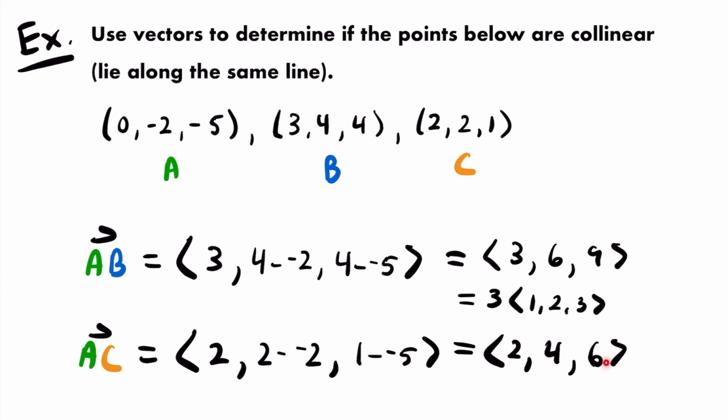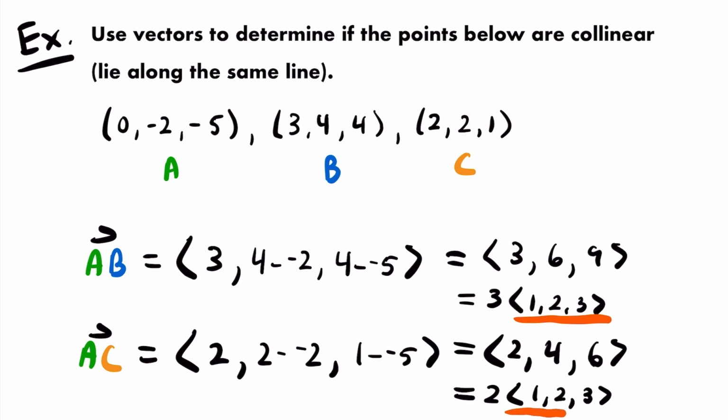In the same way, each of these components are divisible by 2. So if we pull that 2 out, we'll have 2 times 1, 2, 3, right? 2 times 1 is 2, 2 times 2 is 4, 2 times 3 is 6. And so what we're left with are two vectors that are equal to some scalar multiple multiplied by the same vector, the position vector of 1, 2, 3.